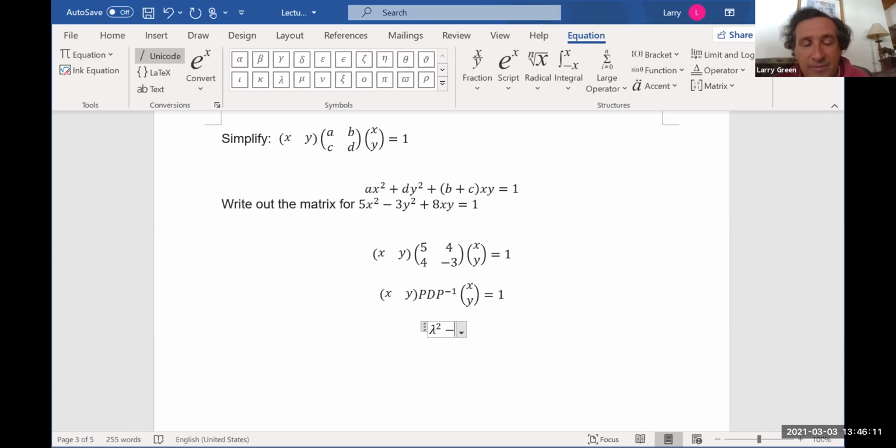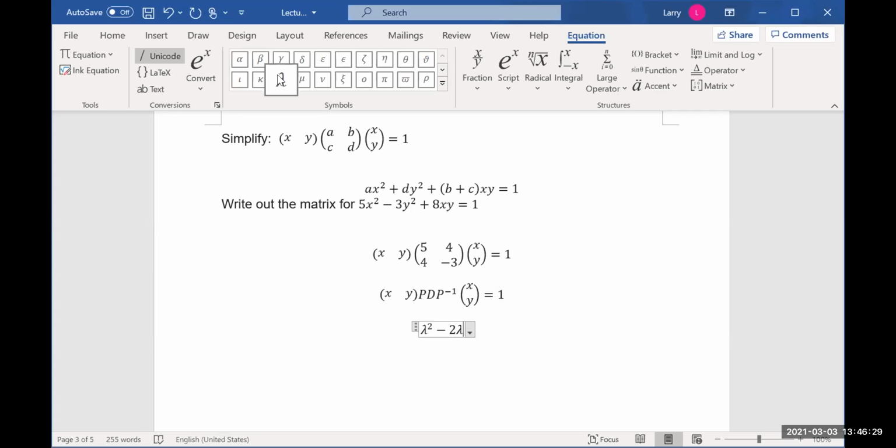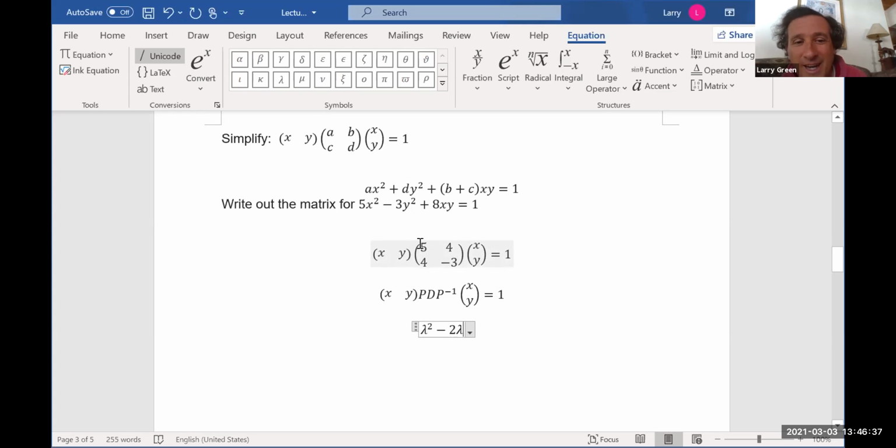What's the trace of this example? 2. Okay, 2 lambda. And what's the determinant of this one? You've got to be real careful. 5 times negative 3 is negative 15, minus 16. So it's negative 31.